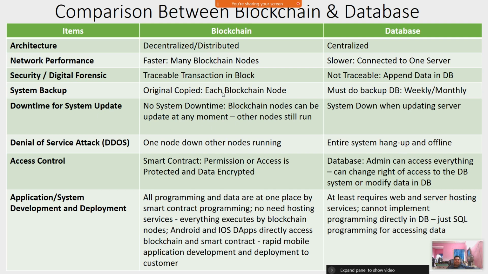Okay, downtime for system updates. In blockchain, even if you do a hard fork, there is no system downtime because a blockchain node can be updated at any moment. A blockchain node is a machine, a computer or laptop. Let's say you want to upgrade a node. Previously you were using a slow hard disk of 2 GB.